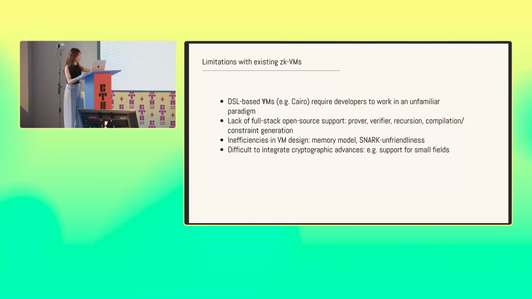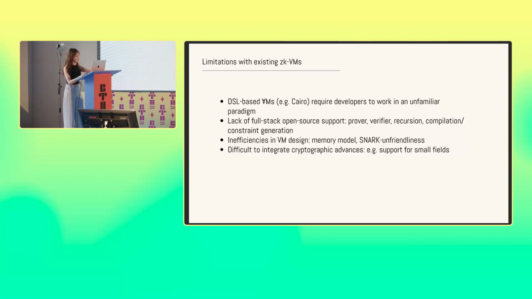Therefore, you can't even add optimized circuits to their libraries. Third, there are a lot of inefficiencies in other ZKVMs' designs. For example, memory models in some VMs, and most VMs are targeting RISC-V, which is an instruction set that's targeting hardware settings and not ZK settings.